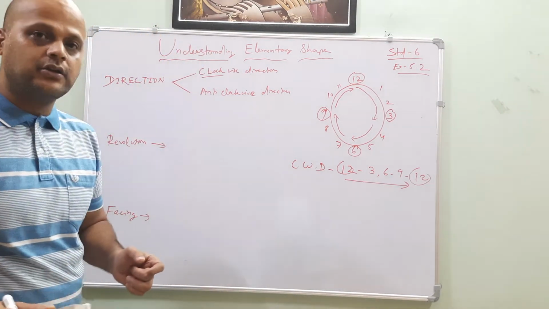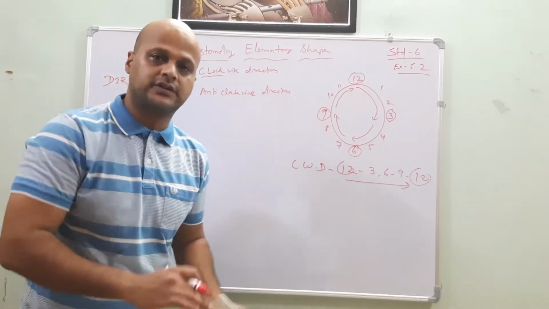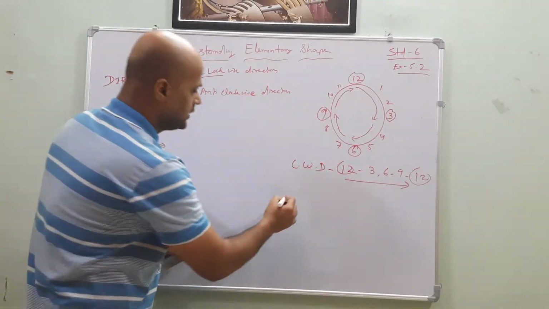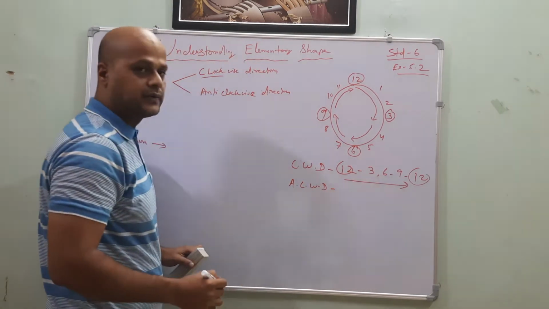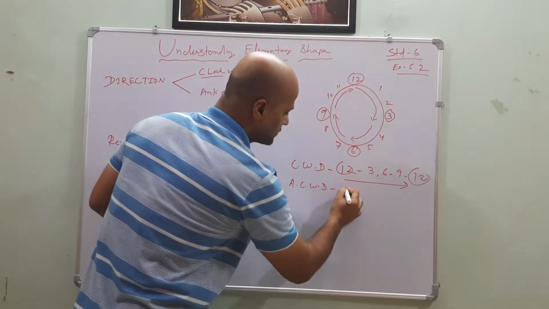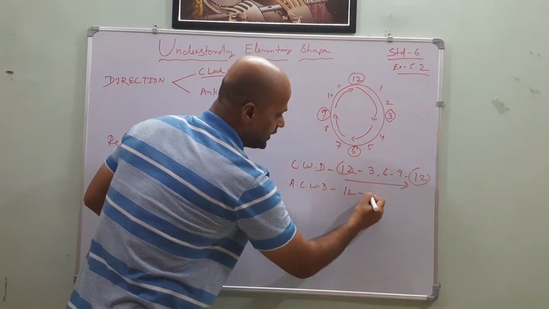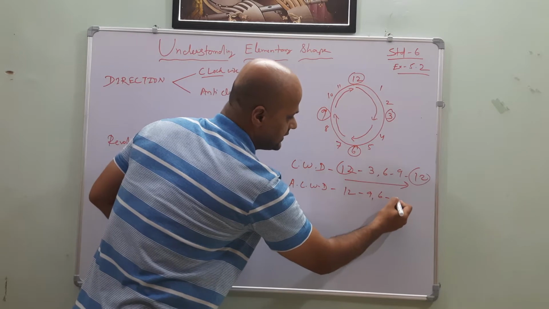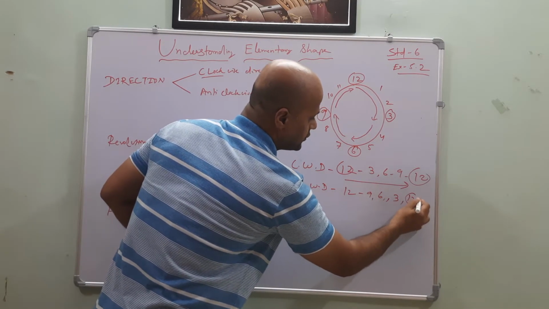What is anti-clockwise direction? Anti-clockwise direction is the reverse of the clockwise direction. It will start from 12 but it comes in the reverse side: 12, 9, 6, 3 and again back to 12.